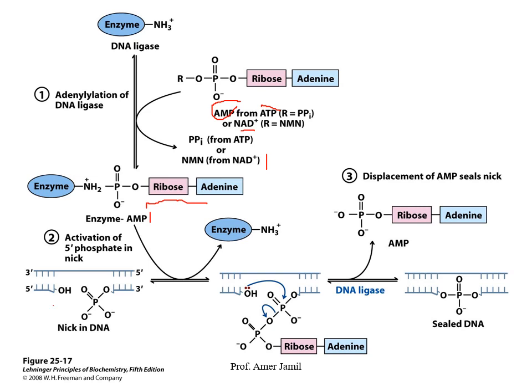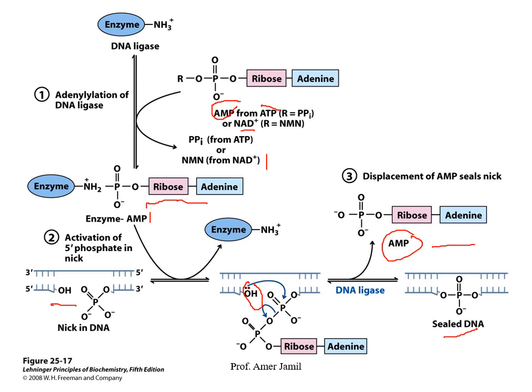And this is the nick, as I mentioned, that only one bond is missing in the phosphodiester linkage. So this activated enzyme helps in the attack of these electrons on this phosphate, and the nick is sealed, and this AMP, which actually came for activation of the DNA ligase, is released.